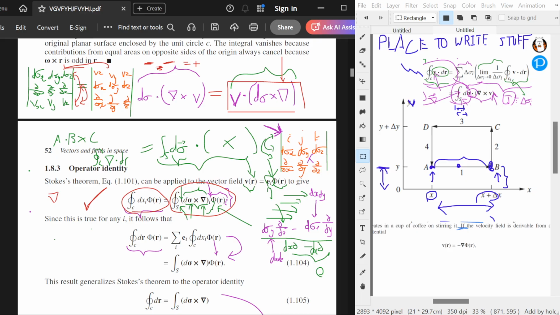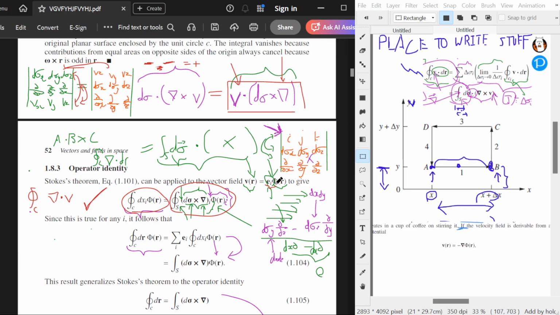What is dr here? dr would be v here. So integrating across a closed loop, closed curve, del dot v.